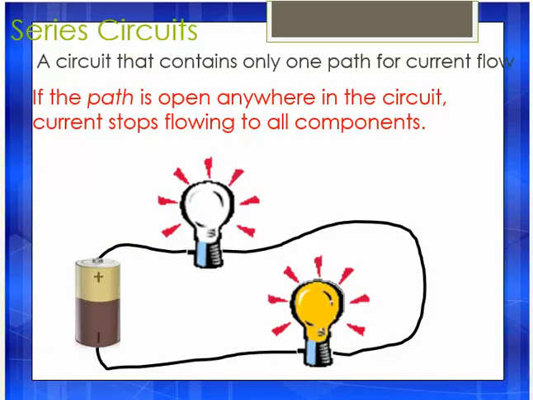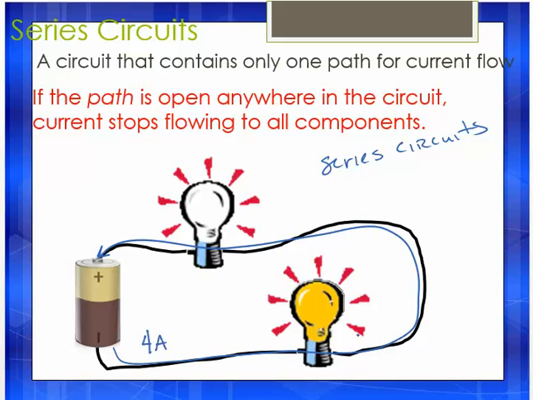Okay, one of the characteristics that we've got to learn is that for series circuits, as I said, the current is going to flow all the way through here. So if we have 4 amps of current here, then we've got 4 amps of current here, 4 amps of current there, and 4 amps of current there.